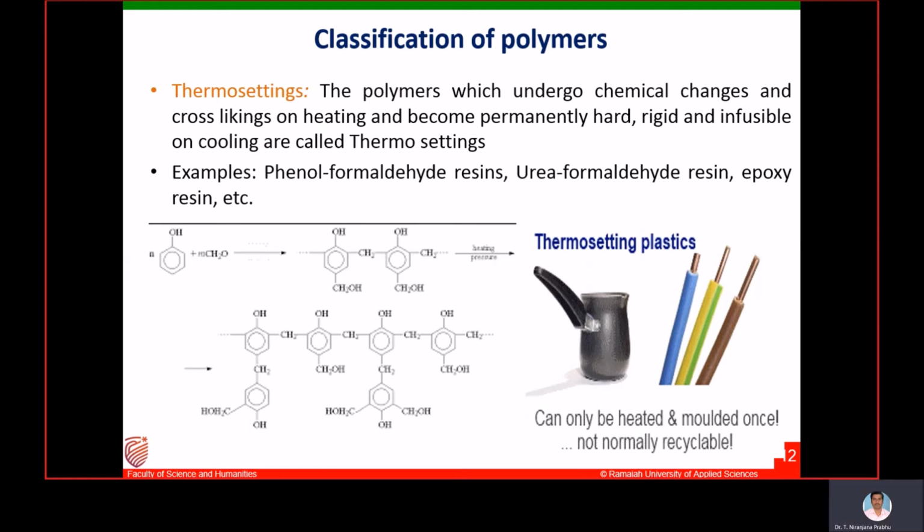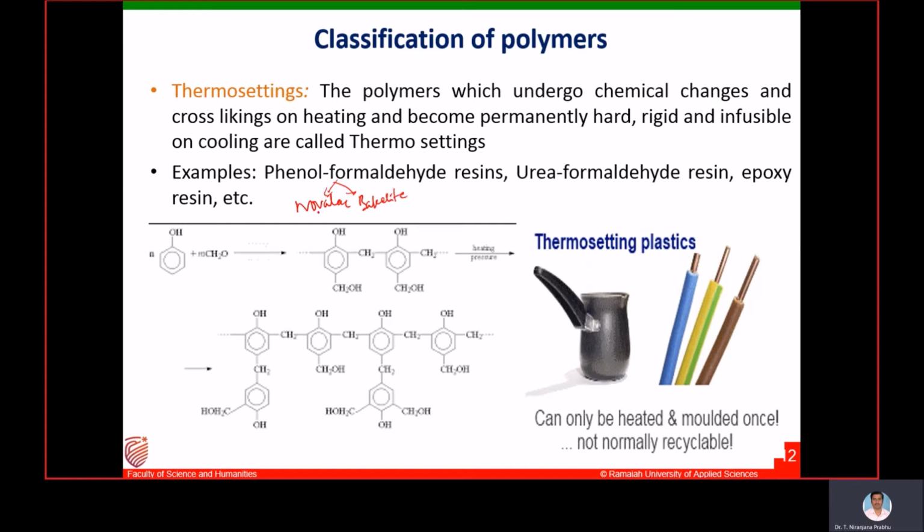Thermosettings are polymers which undergo chemical changes and cross-linking on heating, and they become permanently hard, rigid, and infusible on cooling. These are called thermosetting polymers. What are the examples? We have phenol formaldehyde resin. In this phenol formaldehyde, we have two types of resins. One is Novolac, another one is bakelite.